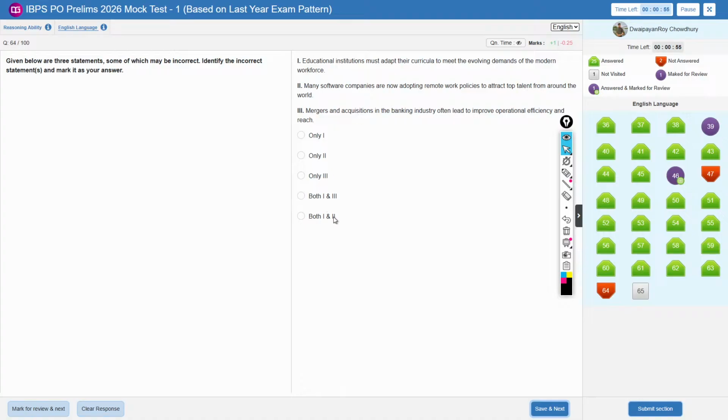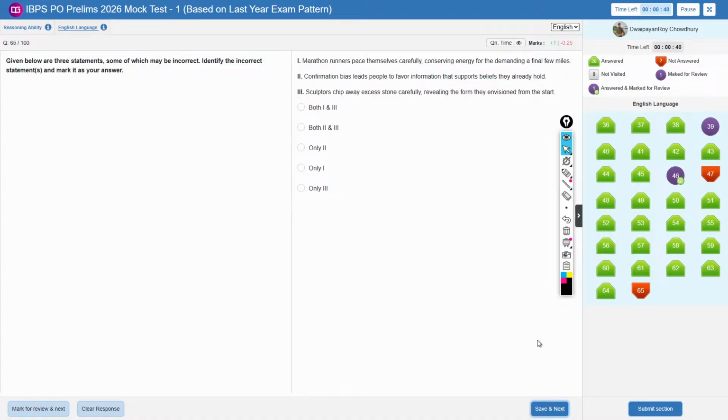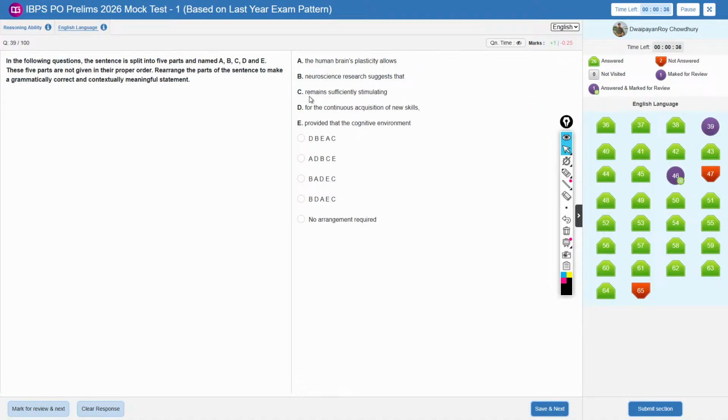So two is definitely going to be there. Okay, one maybe not. Educations must adopt, adapt, adapt. Yeah, only two. This one is okay.